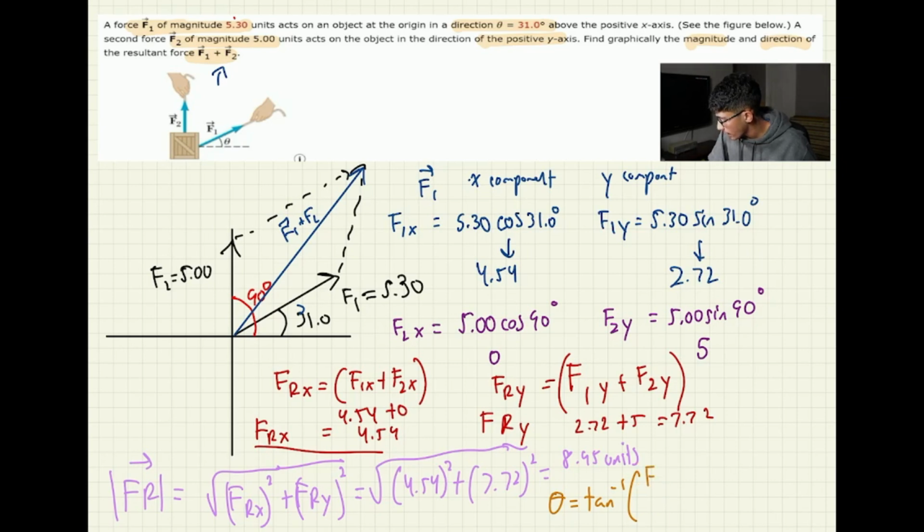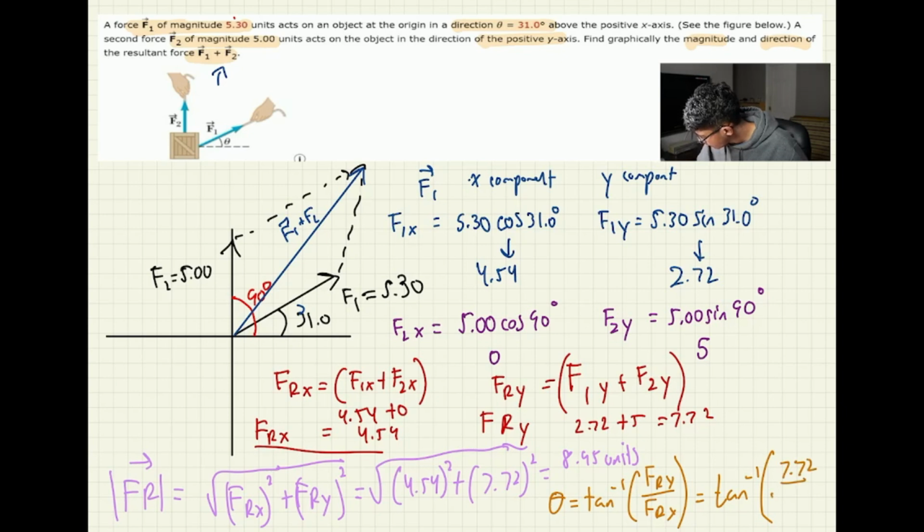So we take F(r)y, which is 7.72, over 4.54. Let me know what you get. 7.72 divided by 4.54, and we get 59.